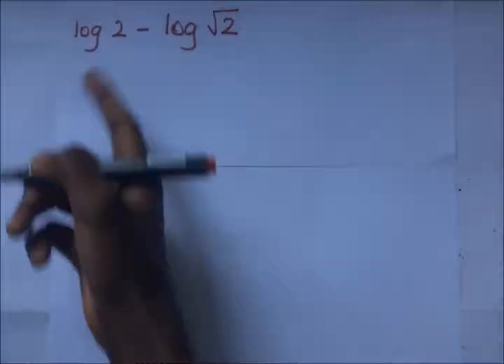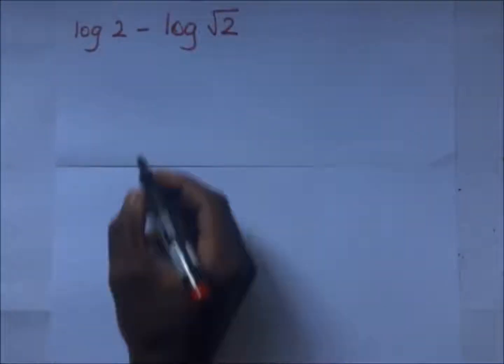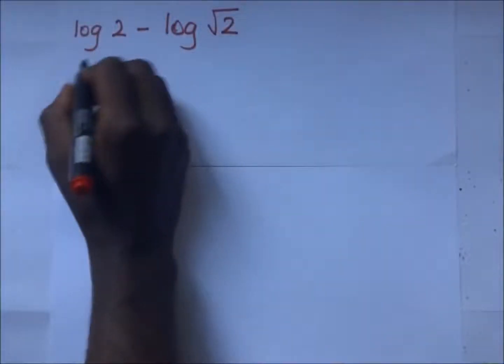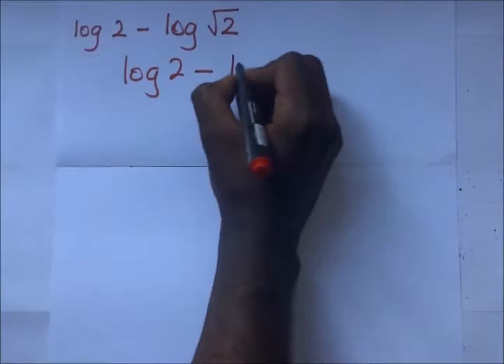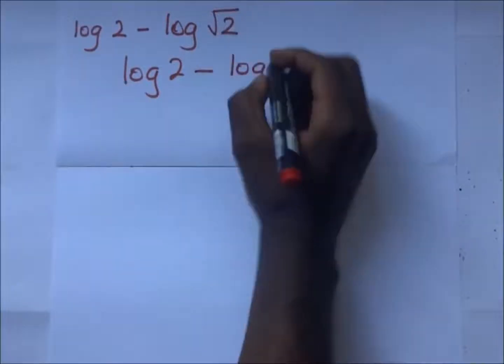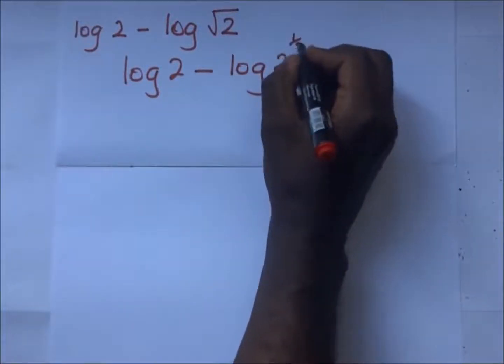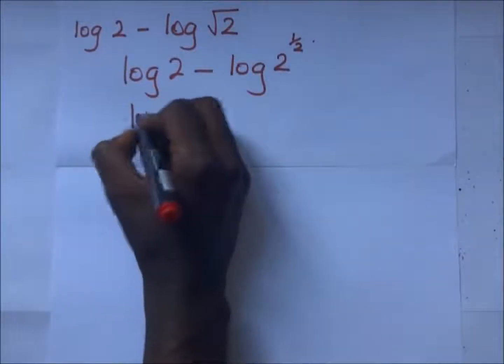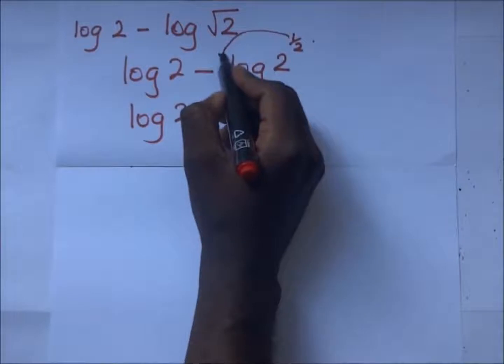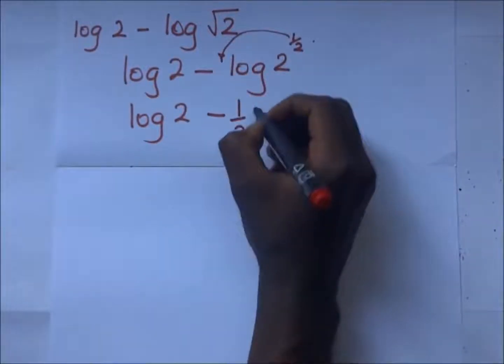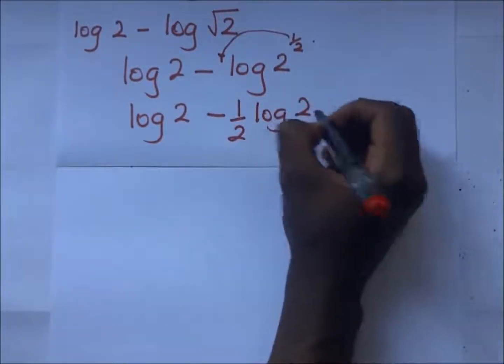Now, logarithm of 2 minus log of root 2, we can simplify it. The next step is the log of 2 minus the log of, now, square root of 2 is the same as 2 to the power a half. This is the same as log of 2 minus, now this a half comes right there, a half times the log of 2.